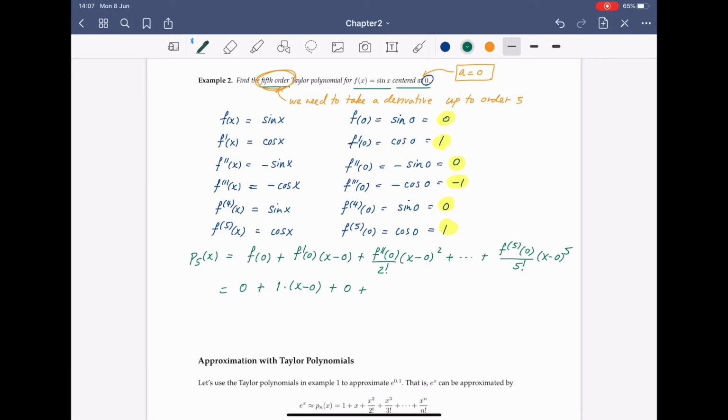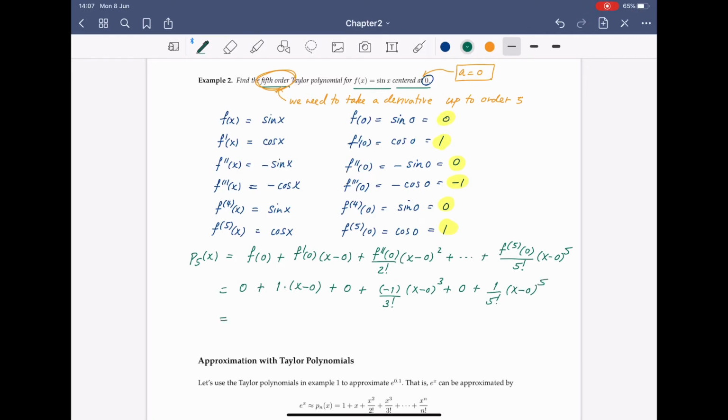The fourth term I will get negative 1 times negative 1 over 3 factorial times x minus 0 cubed. And then the fifth term I have 0, and the sixth term I have 1 over 5 factorial times x minus 0 to the fifth power.